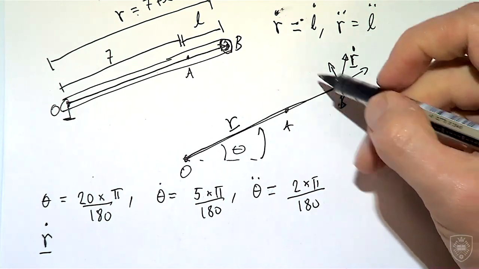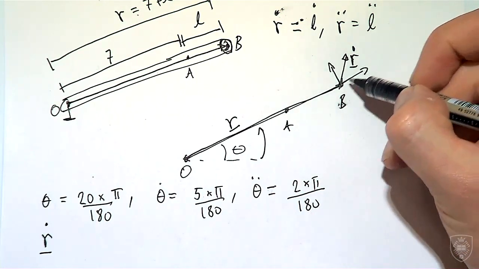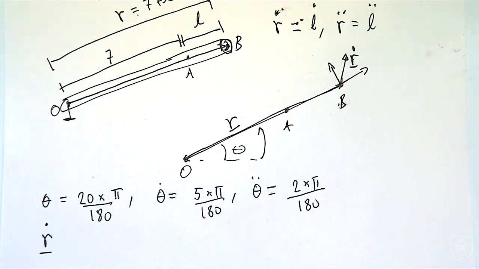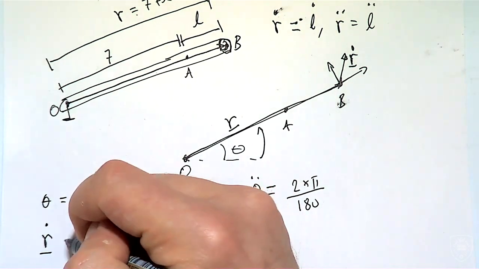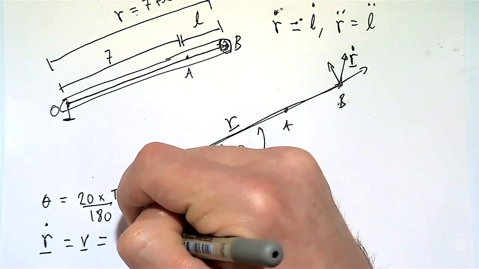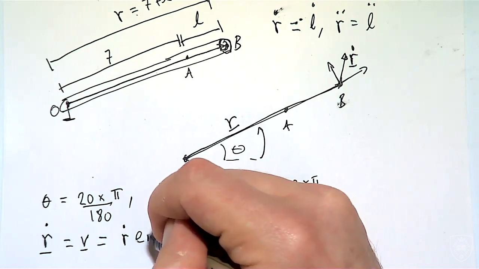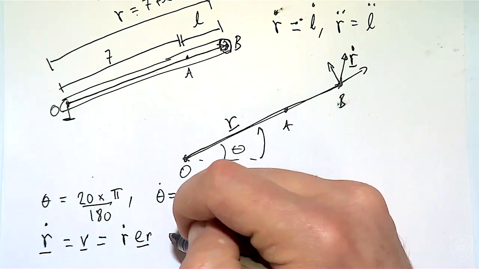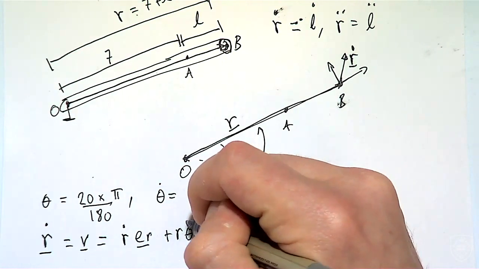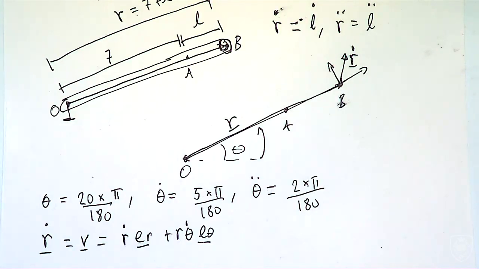It doesn't point along just this vector here because this distance is changing. So we were given from the lecture that that is your velocity vector, and that is equal to r dot er plus r theta dot e theta. You don't need to rededuce this to do the question, but I think it's nice to rededuce it when you're thinking about what things mean.